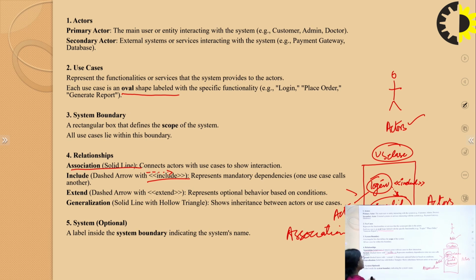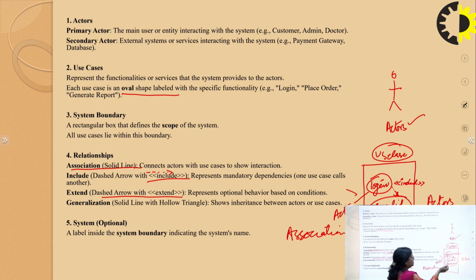And the next one is extend. A dashed arrow with extend is used to represent optional behavior based on conditions. Like whenever you are going through some shopping site, and you purchase some item from that site, at that time, if some type of discount is provided by the company or the service provider, then you can avail that discount. So this discount is a use case that is not mandatory, but it can be provided by the service provider based on some conditions.